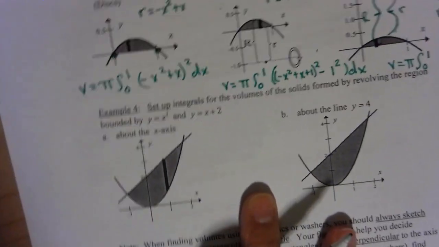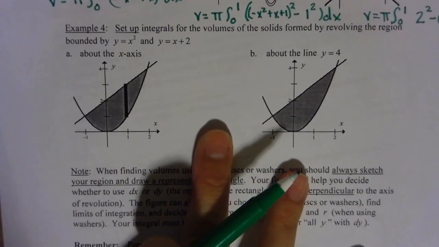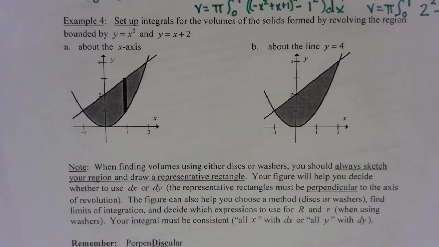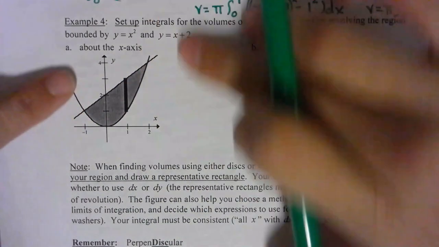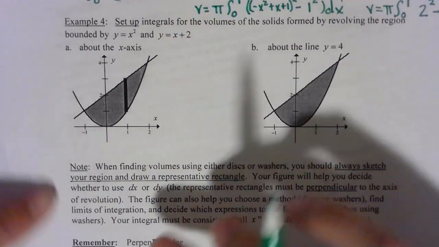All right, example 4. We're setting these up again. So in this example, though, we're revolving the region bounded by y equals x squared and y equals x plus 2 about the x-axis. So imagine we are turning this whole thing around.